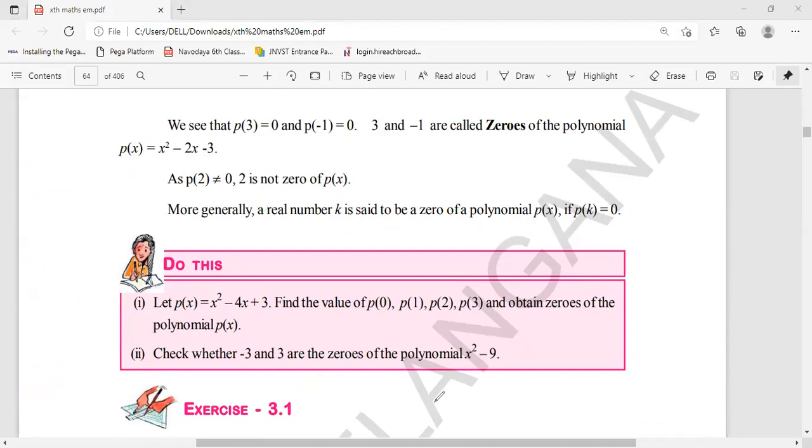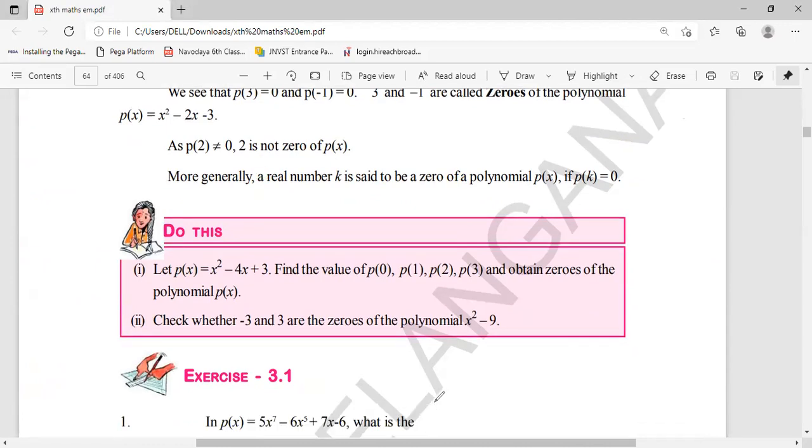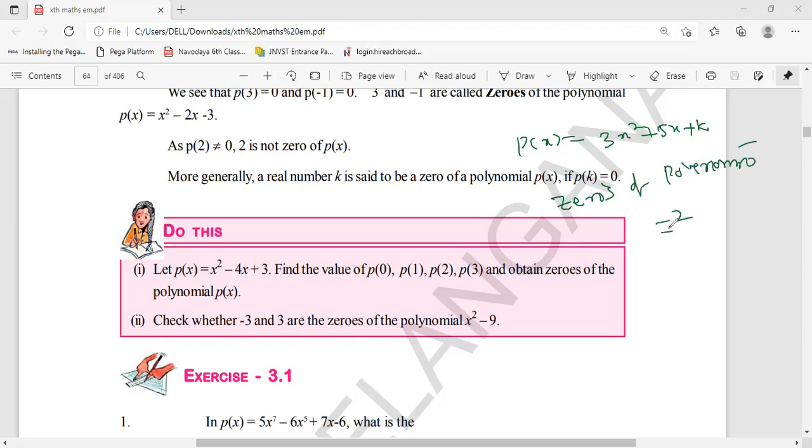In objective questions we will get p of x is equal to some 3x square plus 5x plus k. If the zero of the polynomial is minus 2, then find the k value. They will ask questions like these. Simple. 0 of the polynomial means when you substitute x is equal to minus 2, the total polynomial leads to 0.